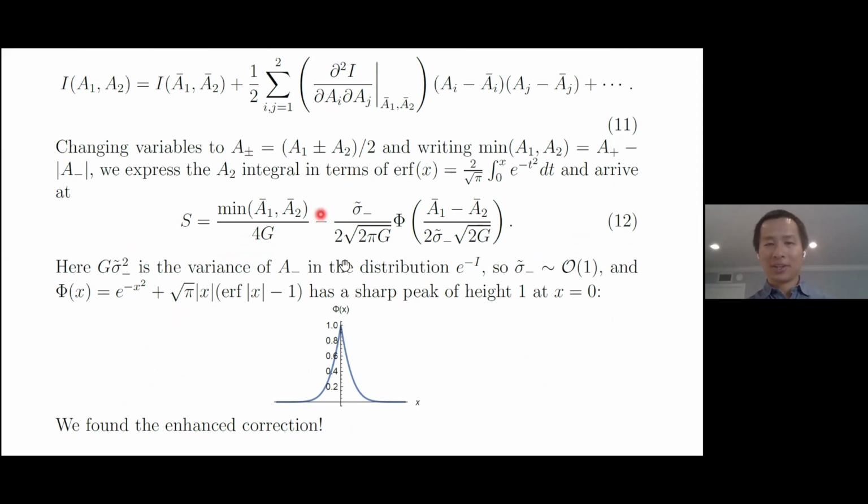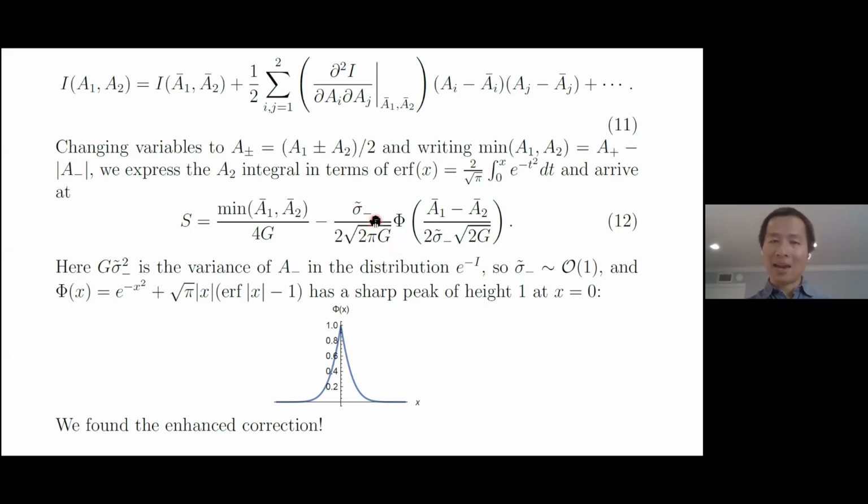So the second term here is very sharply peaked around the phase transition because the argument goes like 1 over square root of g. And the magnitude of this correction is indeed 1 over square root of g.